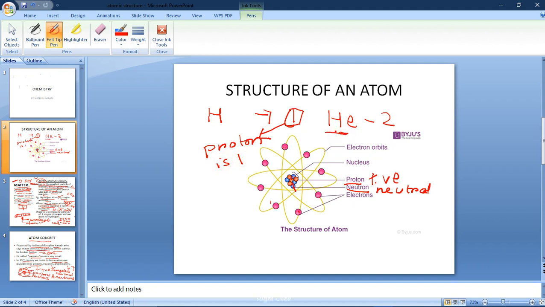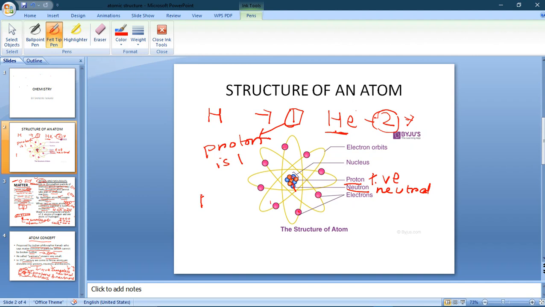Since the atomic number of helium is 2, the number of protons in helium is also 2, and electrons are also 2, since the atom is chargeless.